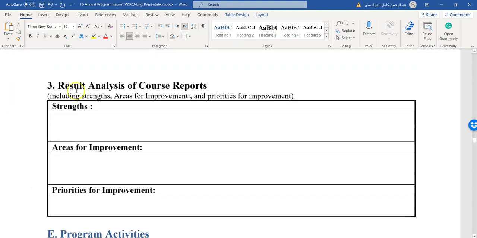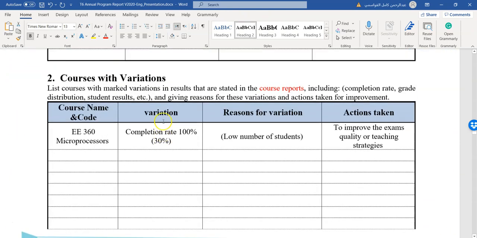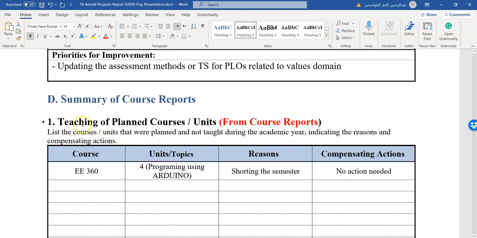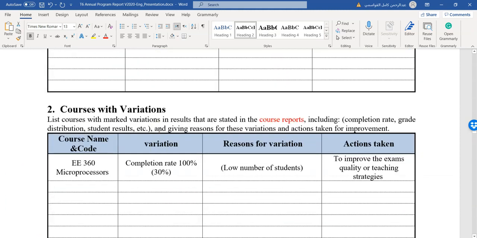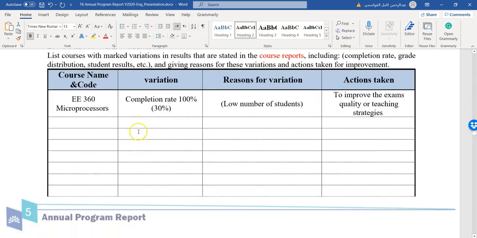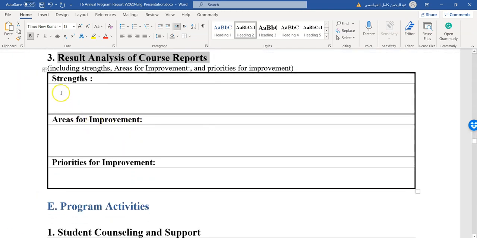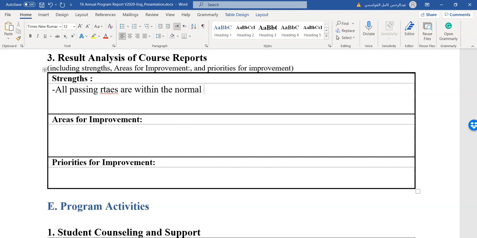After that, you have to write results analysis for course reports for all of them, the course variations and the teaching of planned courses and the courses with variations, and writing here the strength, for example, all passing rates are within the normal ranges.